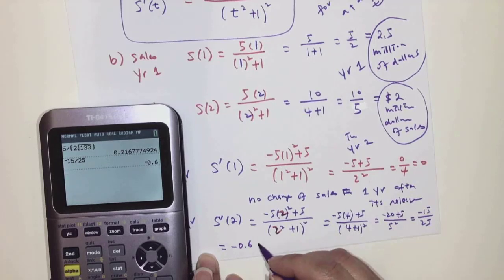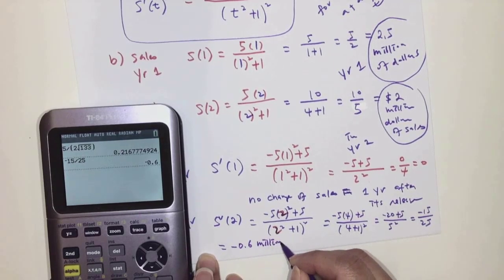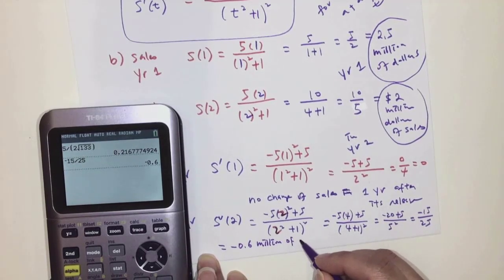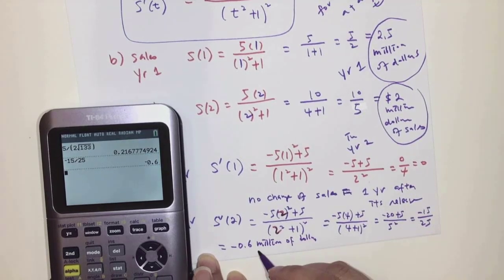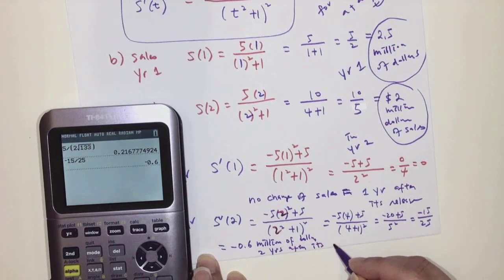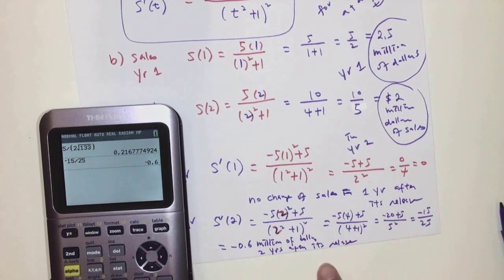This is millions of dollars for the sales, right? 2 years after its release. So it's not as popular and fresh anymore. At the end of the 2 years after it's released, the rate of change is decreasing 0.6 million dollars per year at the end of year 2.